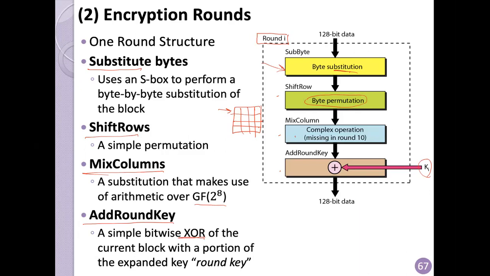Of course, the round key is 128 bits, and we get 128 bits of data here. When we talk about it, we show it this way, as a state matrix or input matrix. But when you want to do the actual XOR, you need to expand it and write it as 128 bits of data and XOR it with the key. And this is the XOR operation that I just did.